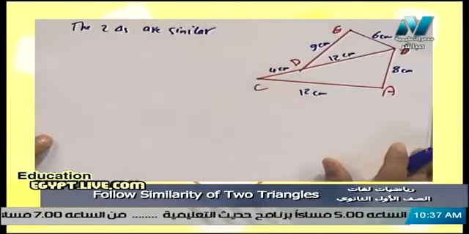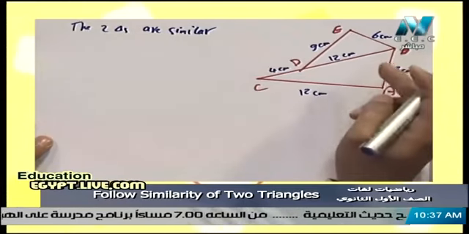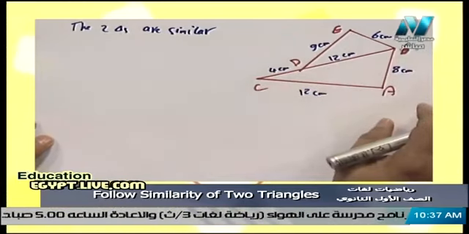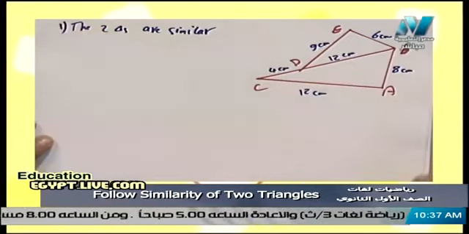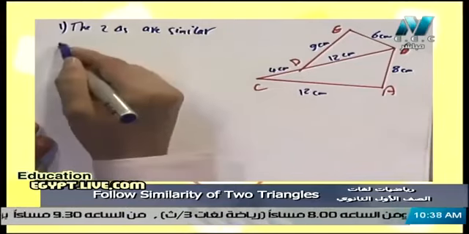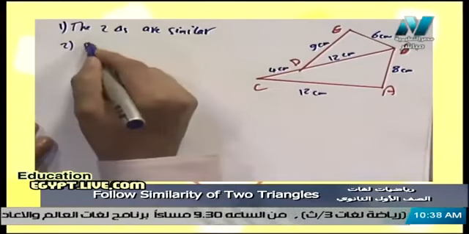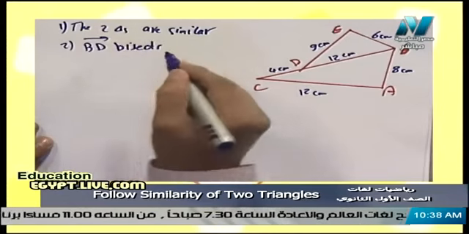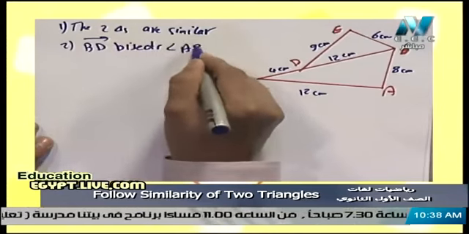Unfortunately, he didn't tell me the arrangement of these triangles, and inshallah, we're going to prove it easily. The second request is to prove that the ray BD here bisects the angle ABE.